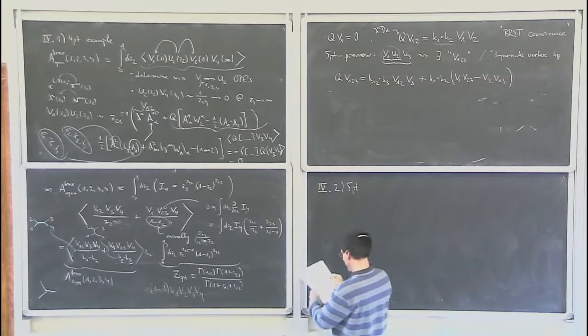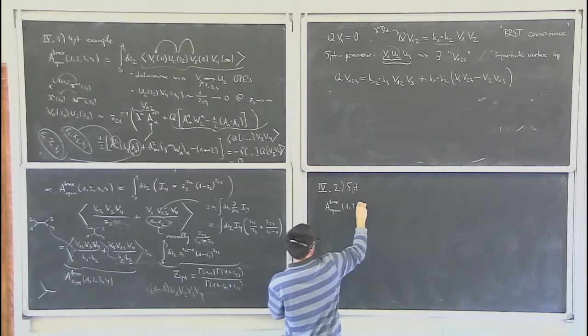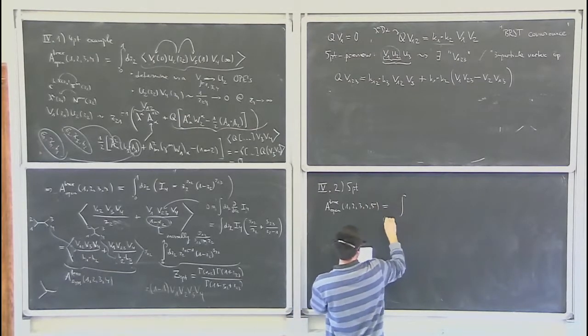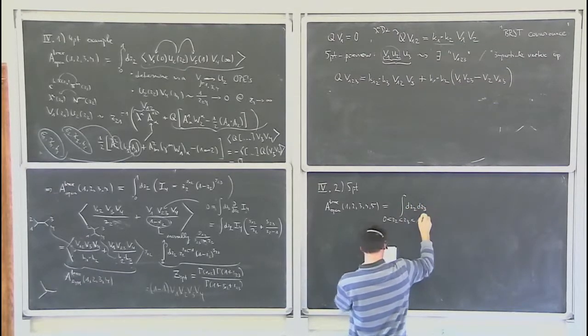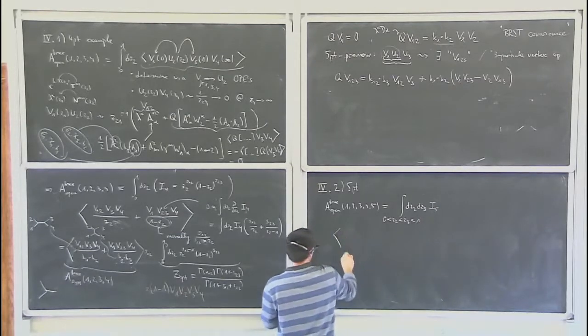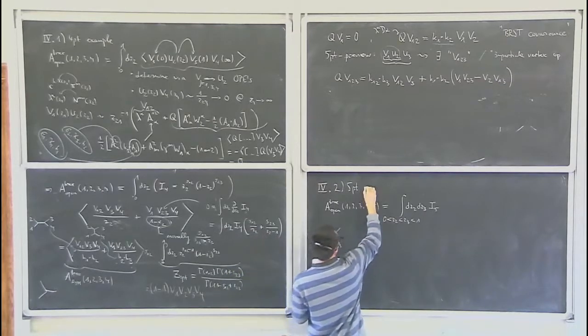It's probably simpler to write down the explicit expression to make you see this, or to give you a chance to see what I mean. So at the 5-point level, we have a double integral, a 5-point Koba-Nielsen factor. Okay, and let's just do the combinatorics in our head.